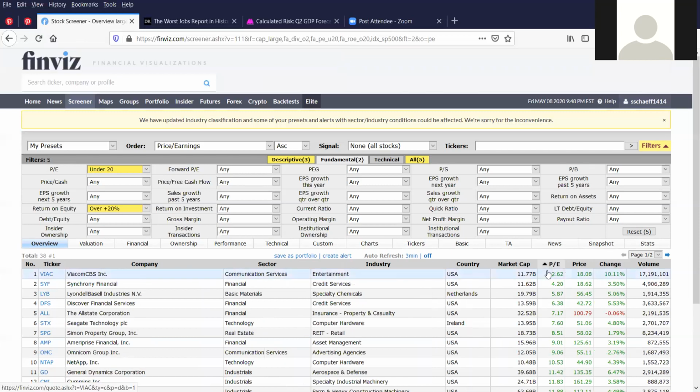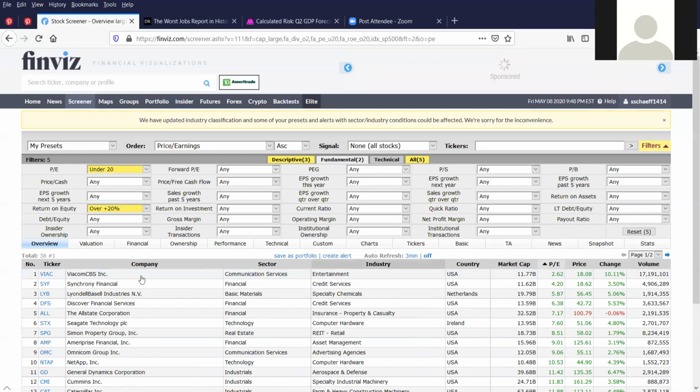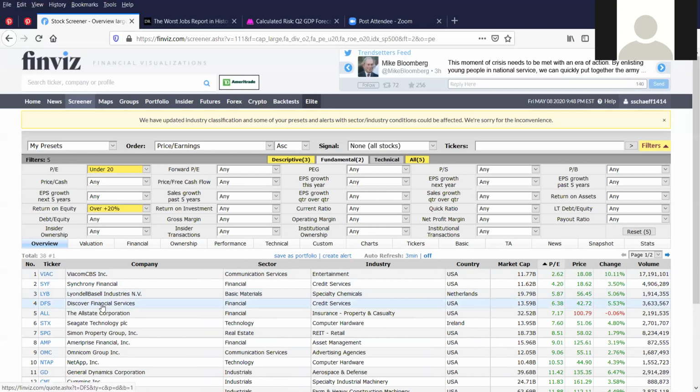So we filtered it down from a low PE to a high PE. And it looks for Viacom, CBS, and then Synchrony Financial, Lyondell Basel, Discover Financial Services. Those are all the lower PE ratio stocks.